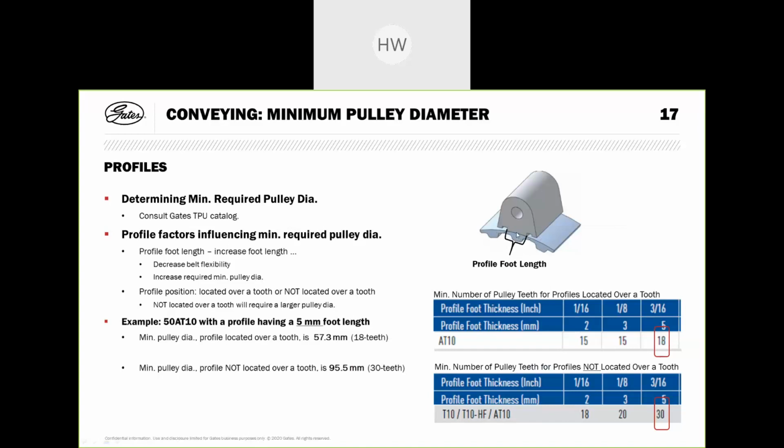When we weld the same profile over the gap between the teeth, we need to increase the number of pulley teeth from 18 to 30 with the same foot length. So that shows you how important it is to respect the right position of a profile on the belt. Of course, if the application requires that the profile is not over the tooth, then we just have to respect the pulley diameter.